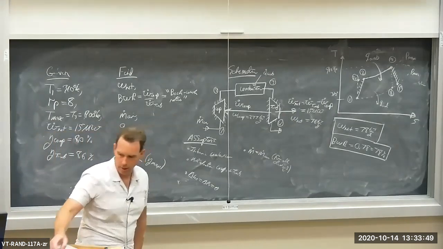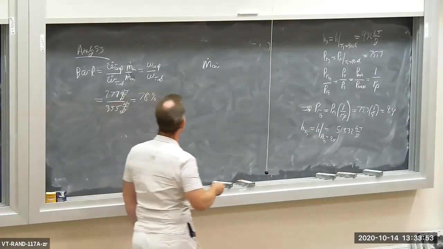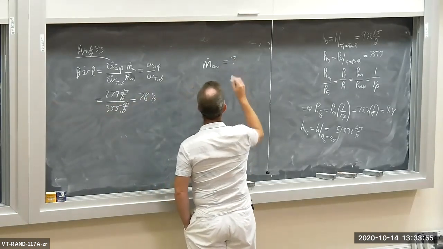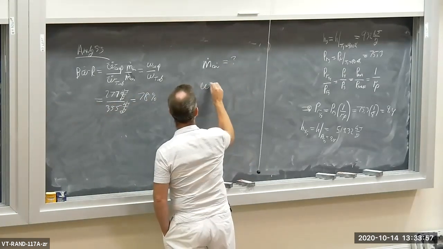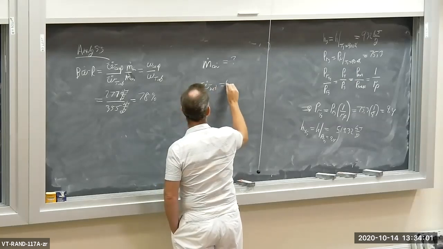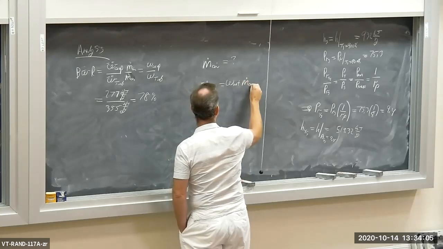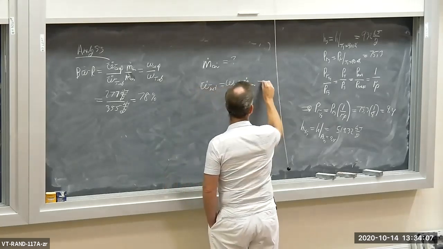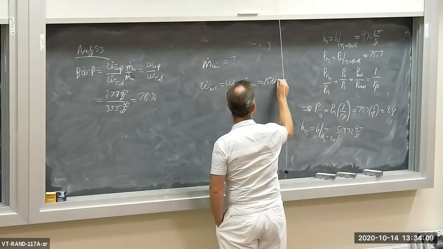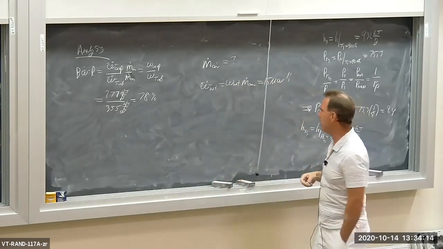So let's write W dot net, which is, by the way, equal to W net times m dot for the working fluid, which is air, is equal to 15 megawatts. Okay, so I've got W dot net.